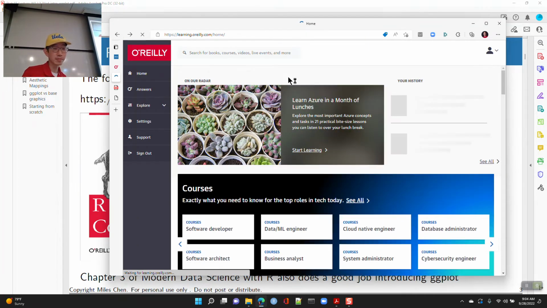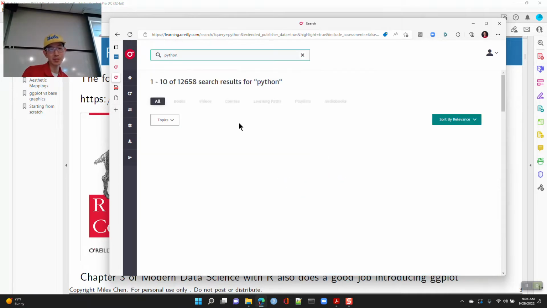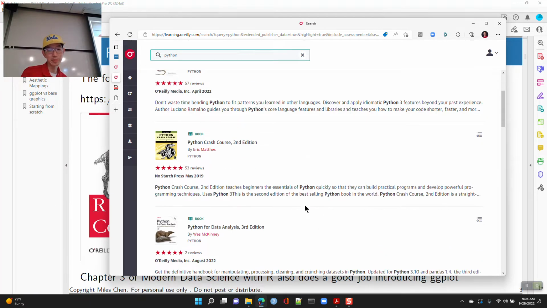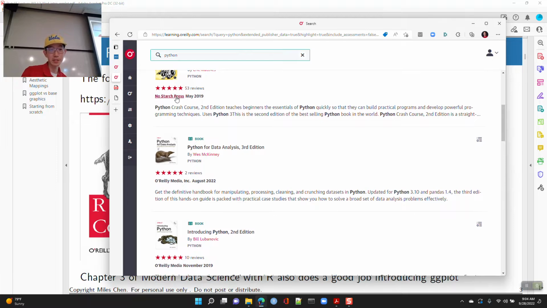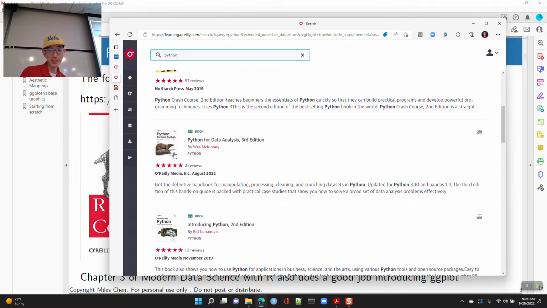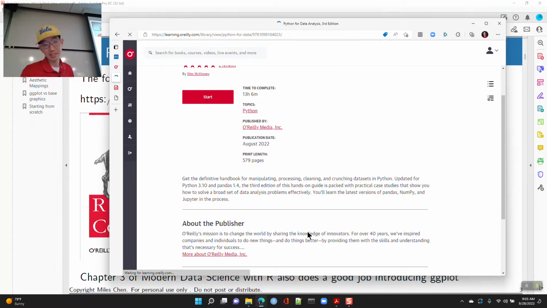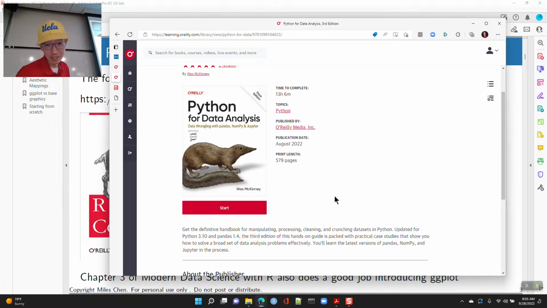Are they all lizards? Why are they all lizards? O'Reilly has this weird thing where they like to put little animals. I think this is a snake. This one's a snake. This one's a lizard. This one's, I don't know what this is. A marmot? It's like a prehistoric animal. Okay, we're getting off track. It's called Python.